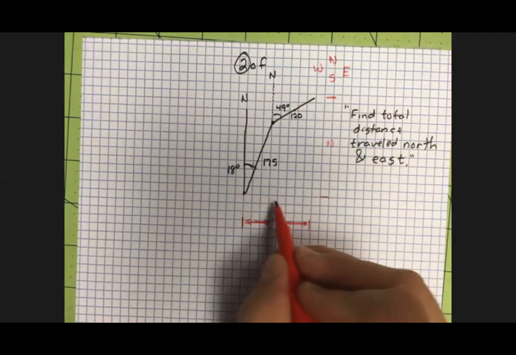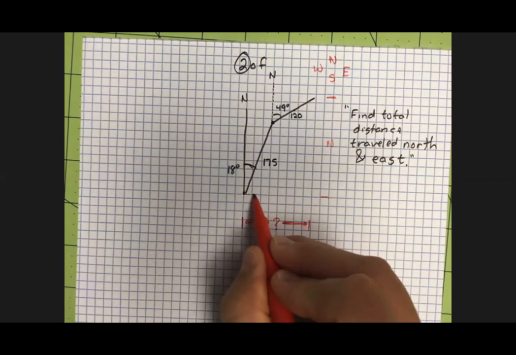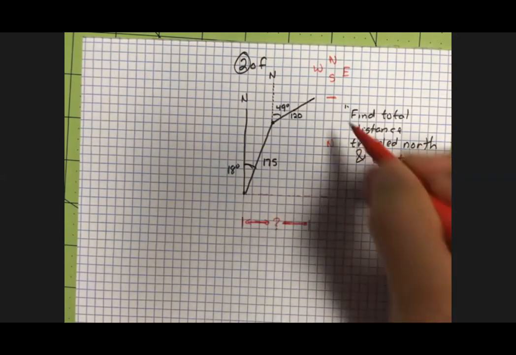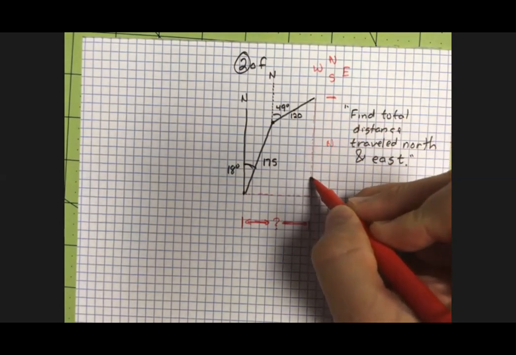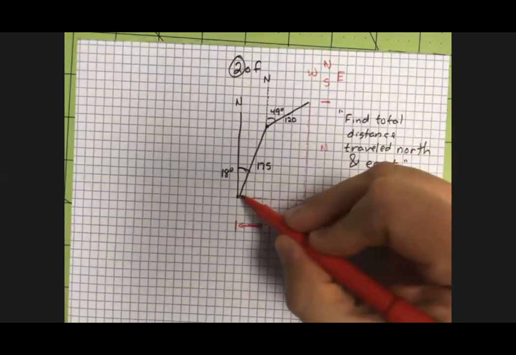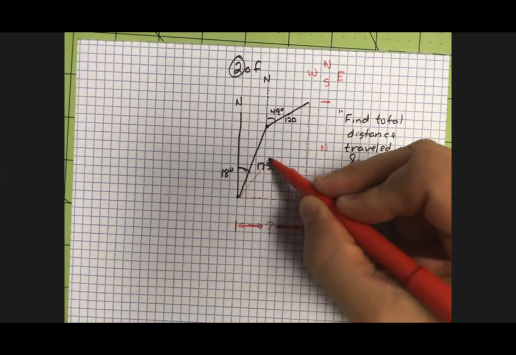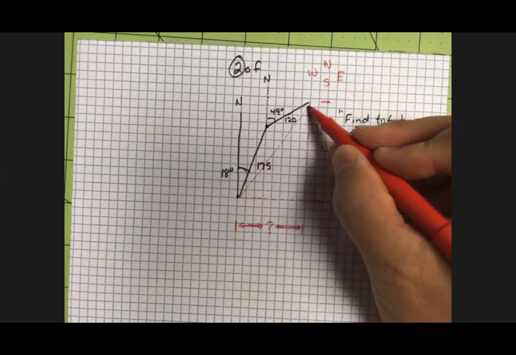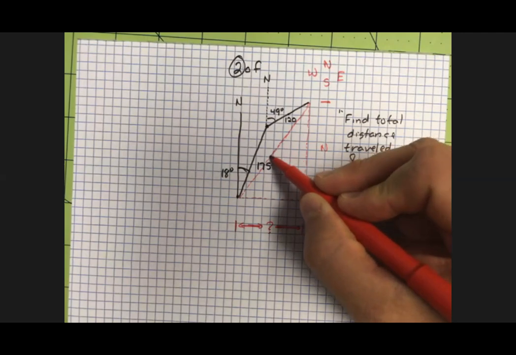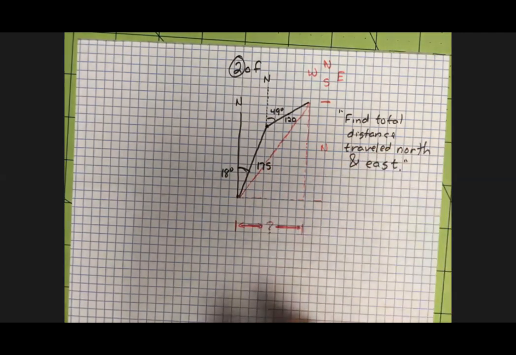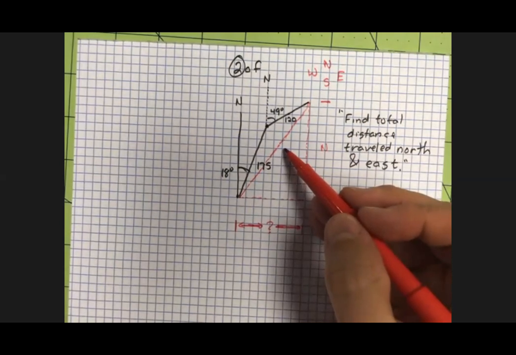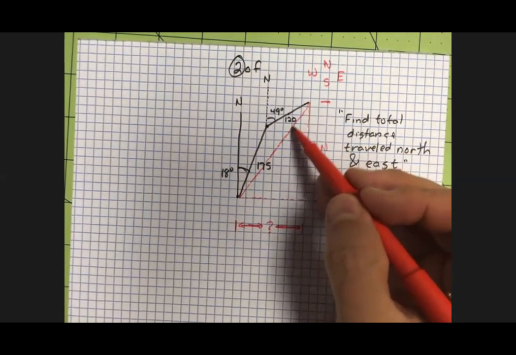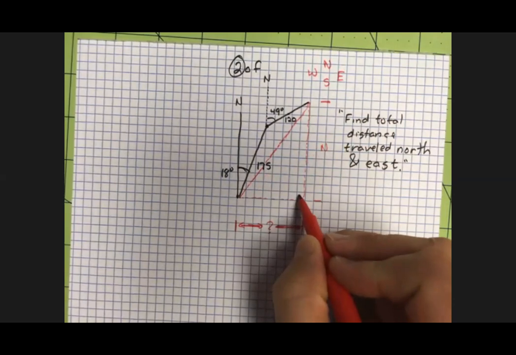So if you like, I want to know the sides of this giant triangle. They could have said, how far are you from where you started? Then I'd be asking for the hypotenuse of the giant right triangle.